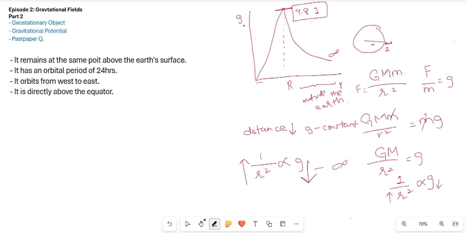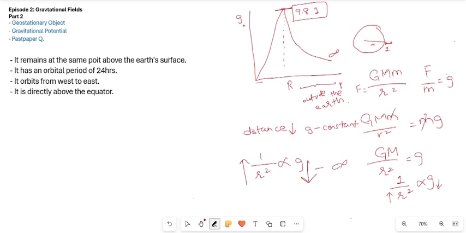As long as the distance is insignificant compared to the radius, g will remain constant. But the moment it goes out of that radius and the distance starts increasing, g starts decreasing. And that is it.